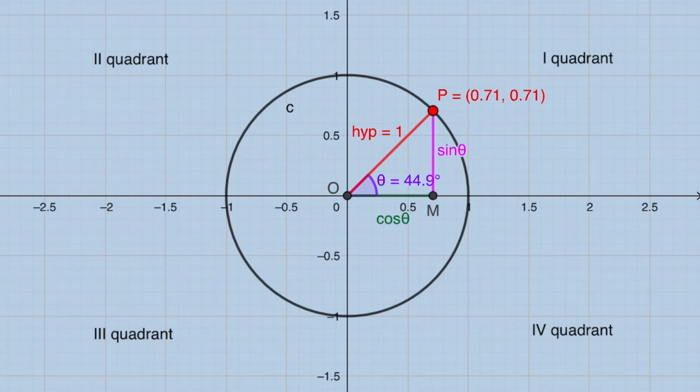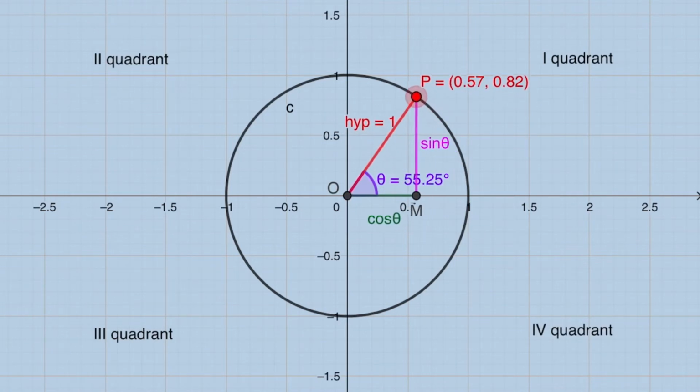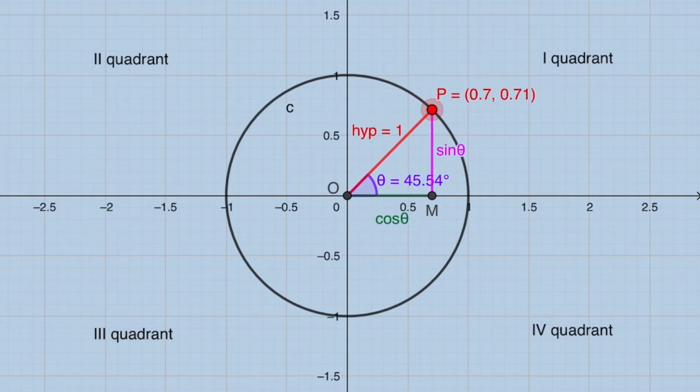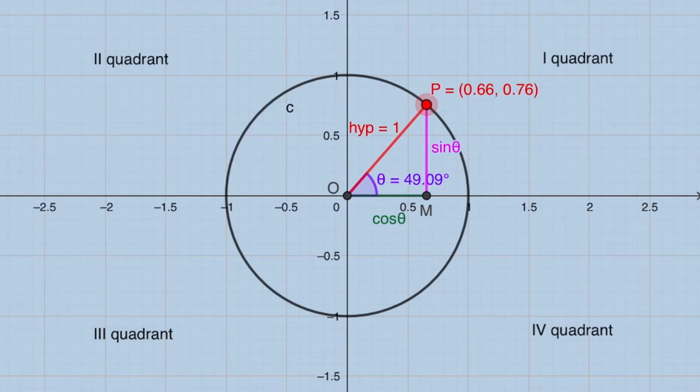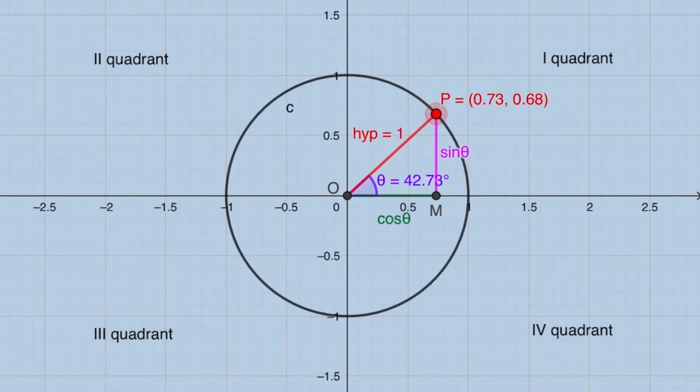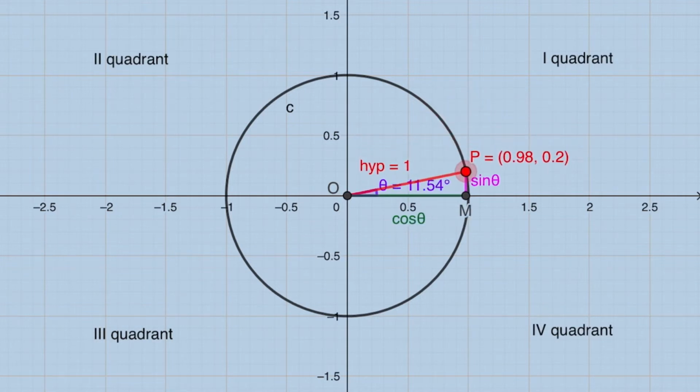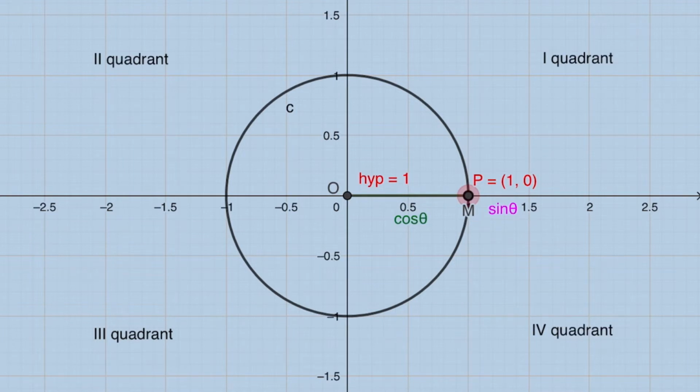In this unit circle, this P point can be anywhere on this unit circle. As we move P point, the adjacent side and the opposite side are changing. That means cos theta and sin theta values are changing. Now, if P comes and coincides with this point M, the coordinates of P point are (1, 0), and theta becomes 0 in this case.